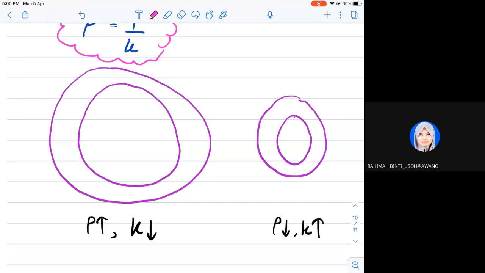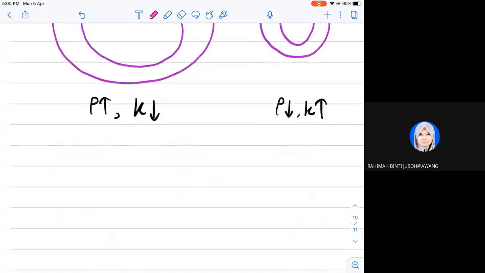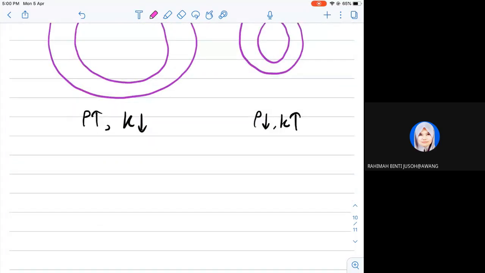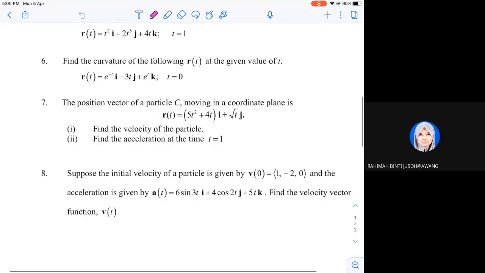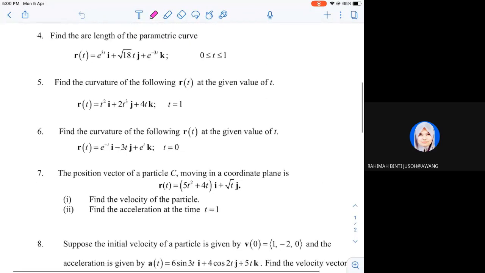So saya close chapter ni, saya fokus kat buku saya je. Okay, so now kita solvekan soalan curvature. Alright, konsep you all dah faham. Mana soalan curvature? Ni.